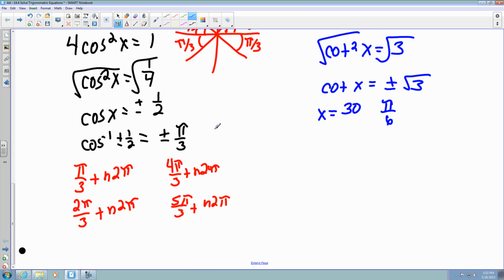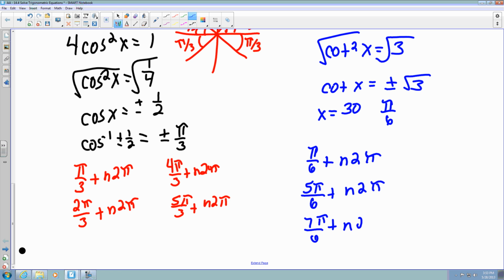So using our reference angle of pi over 6, or 30, we can determine our 4 values. I'm going to get pi over 6 plus n times 2 pi, because it could be any general solution. Then the next one's going to be 5 pi over 6 plus n times 2 pi. The next one's going to be 7 pi over 6 plus n times 2 pi.